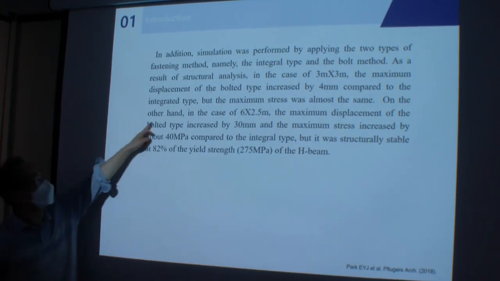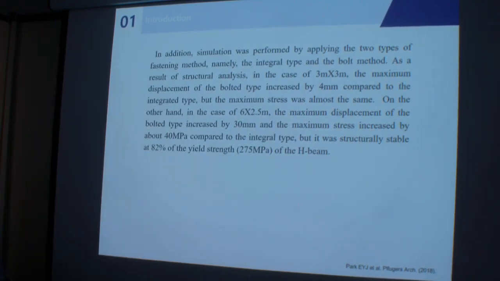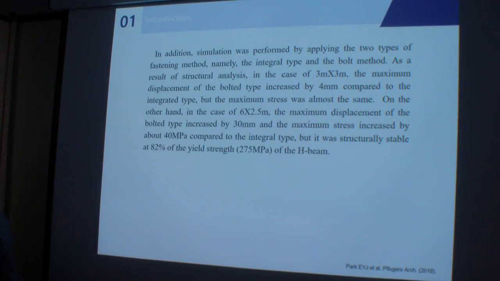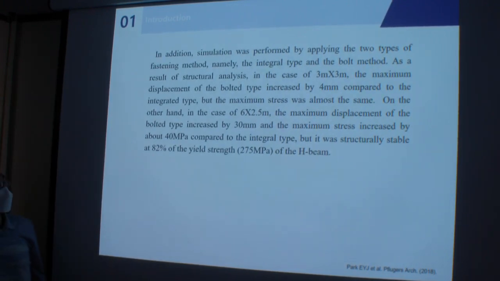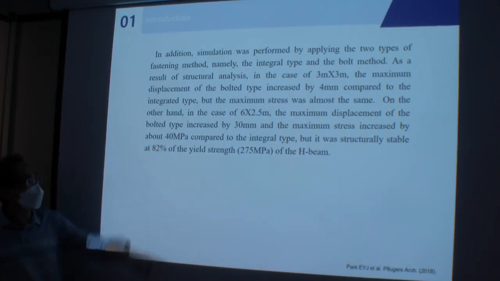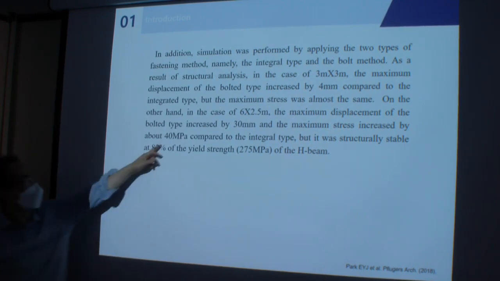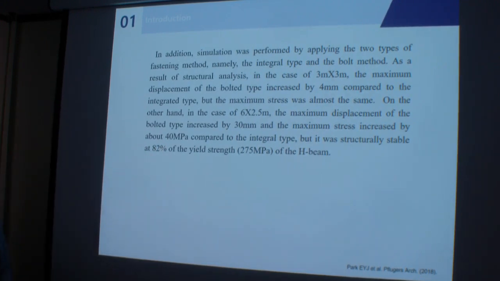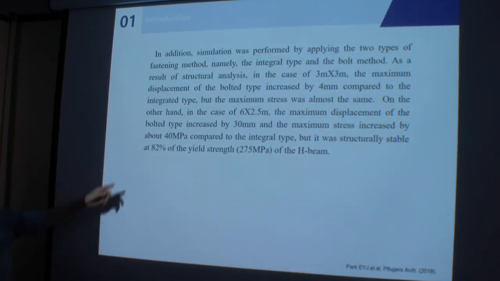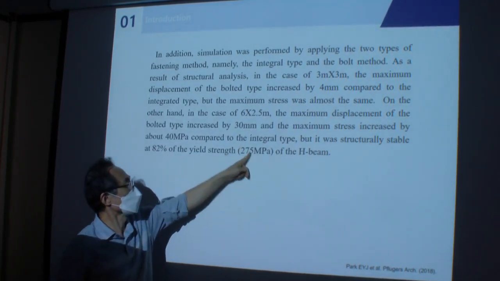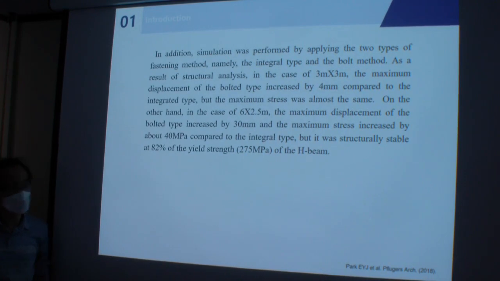On the other hand, in the case of the 6 by 6 type, the maximum displacement of the bolted type increased by 30 millimeters, and the maximum stress increased by about 40 megapascal compared to the integral type, but it was structurally stable at 82% of the yield strength, which is about 275 megapascal of the H-beam.